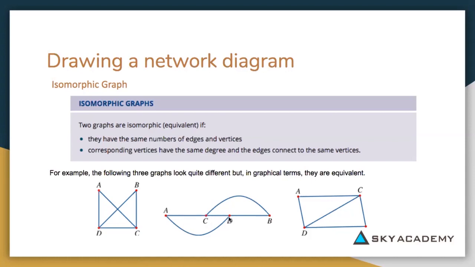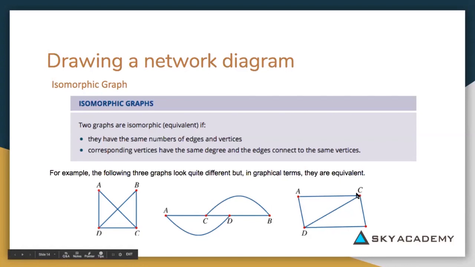So A to C is 1, C to B is the second one, B to D, third, D to C, 4, and A to D, 5. And in our third network graph, we have 1, 2, 3, 4, and then 5. So these all have 5 edges. So at the moment, they are all isomorphic.